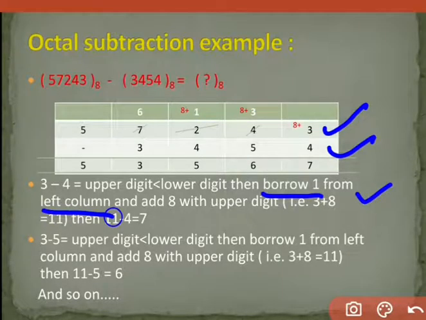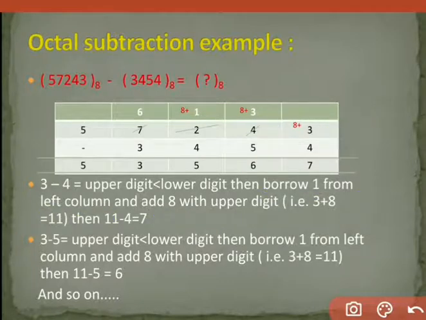We are borrowing 1 from our left column, then our left column becomes 3. After borrowing, we add 8 to our upper digit. Now what are we getting? 3 plus 8 becomes 11.